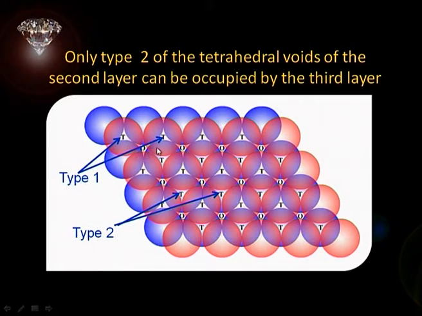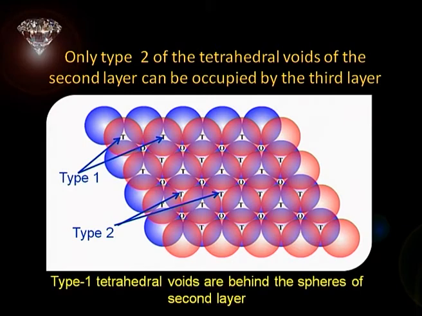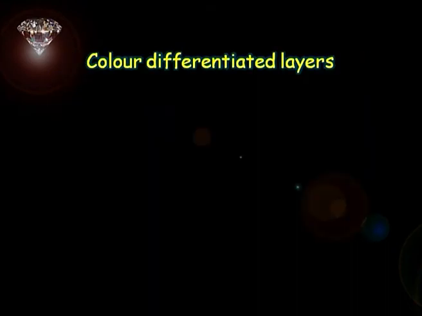Type 1 tetrahedral voids cannot be occupied by the third layer, because these tetrahedral voids are located behind the atoms. So, no atom can go behind and occupy them. Only type 2 will be occupied, which are on top of the second layer. So, type 1 tetrahedral voids are behind, so they cannot be occupied.